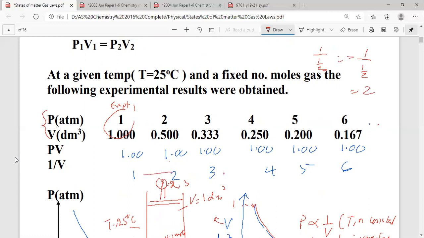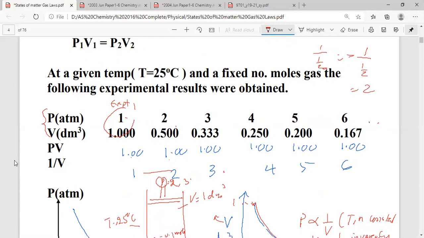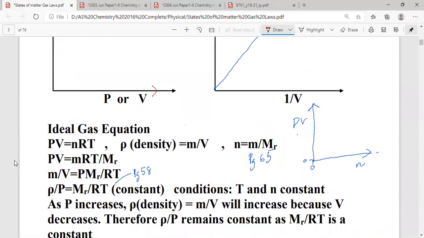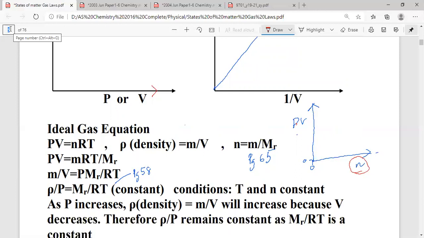So they will increase directly. So there are 4 graphs. Interestingly, there is also the graph of PV against n. Nothing new to you. Now let's look at page 65, so I can introduce you to the graphs that are given in exams.